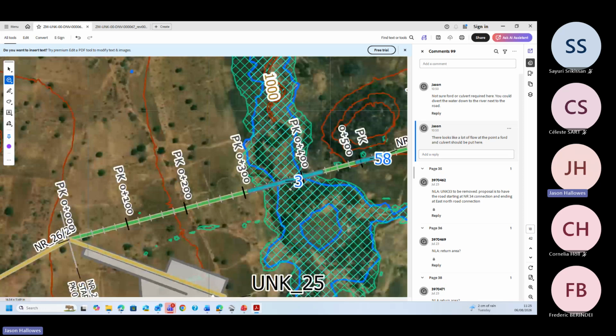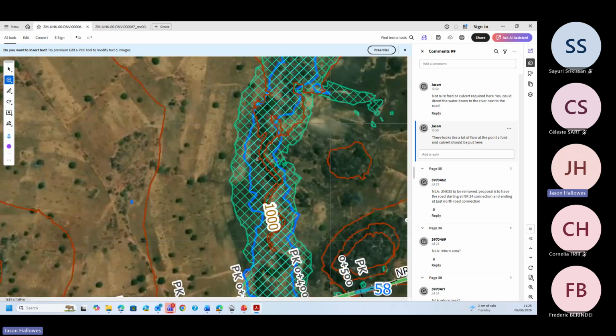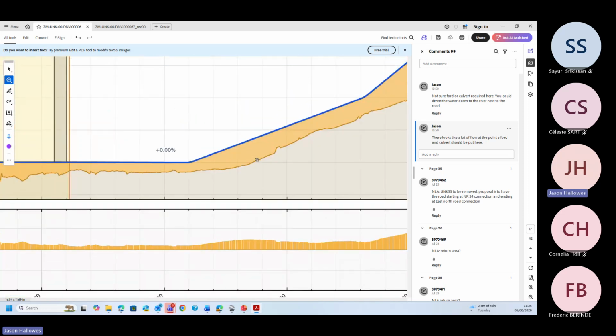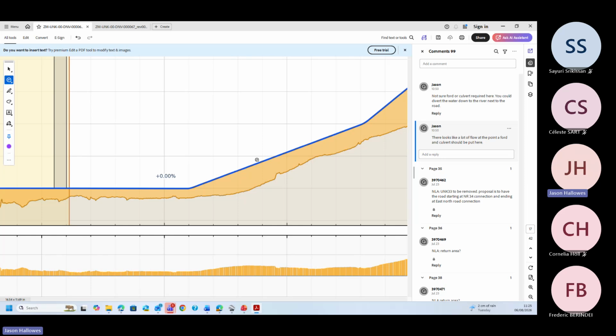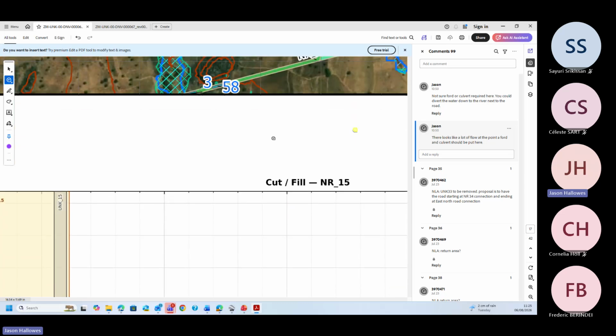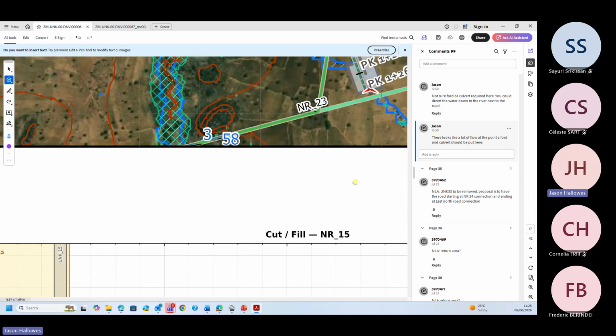So you actually have to look at it with the other information related to the flow velocities and stuff like that, and we've also put in the engineering designs associated with these things. So I understand what you're saying. This is also probably a good example here.